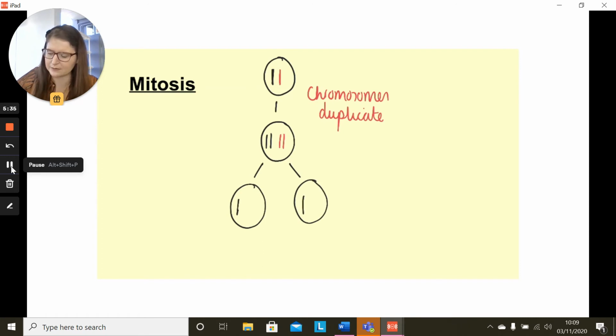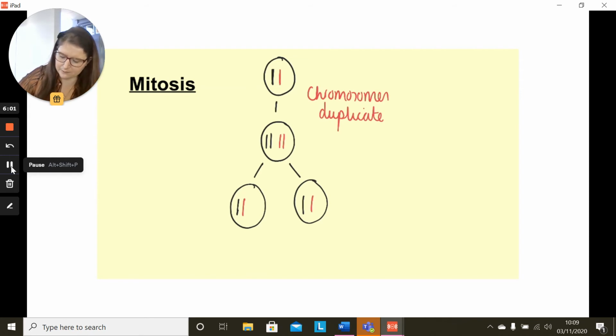We get half then the DNA in one cell and half in the other cell. And what we can notice is that the cells are genetically identical to the mother cell. Okay, we've got one black chromosome, one red chromosome, and if we look at this daughter cell here, this daughter cell's got one black chromosome, one red chromosome, and then this one as well.